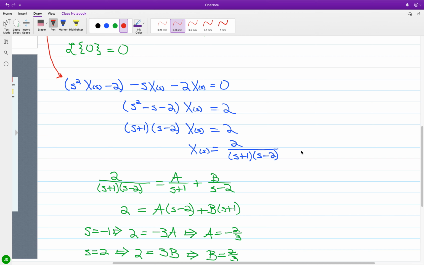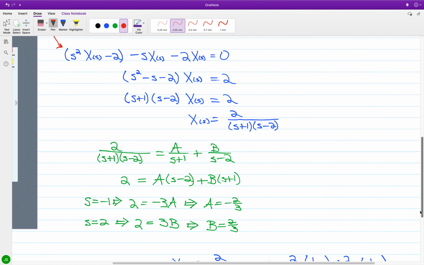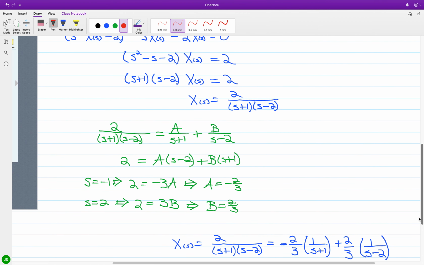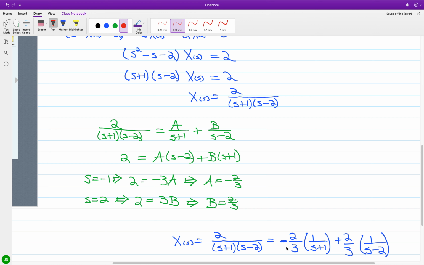Expanding the Laplace transform expression X of s, this becomes -2/3 of the reciprocal of s plus 1 plus 2/3 of the reciprocal of s minus 2.